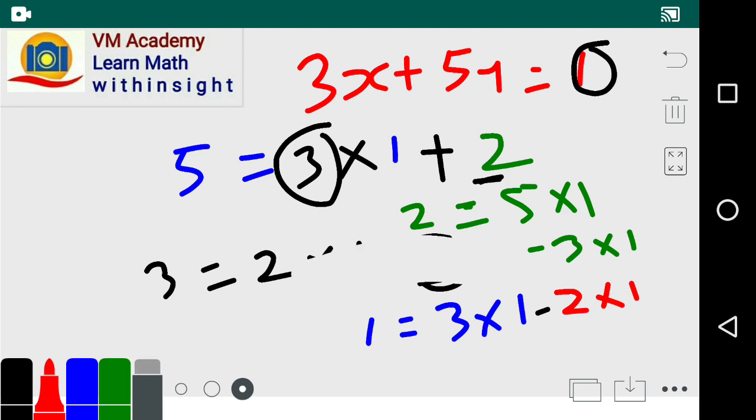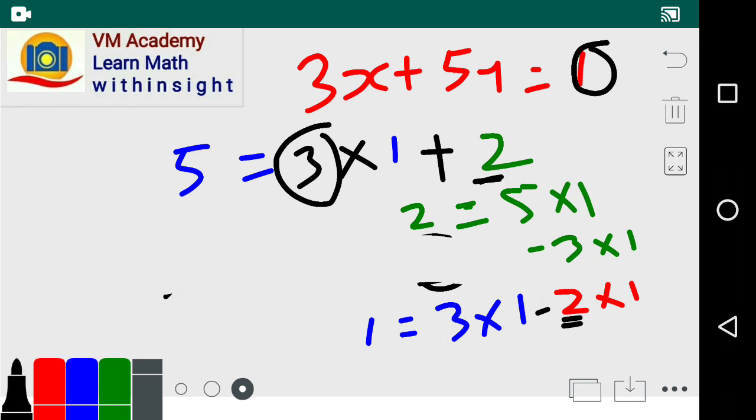So what we do now? We back substitute this 2. In place of 2, we substitute this.